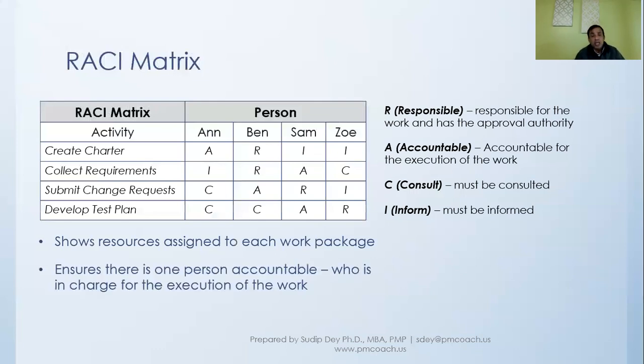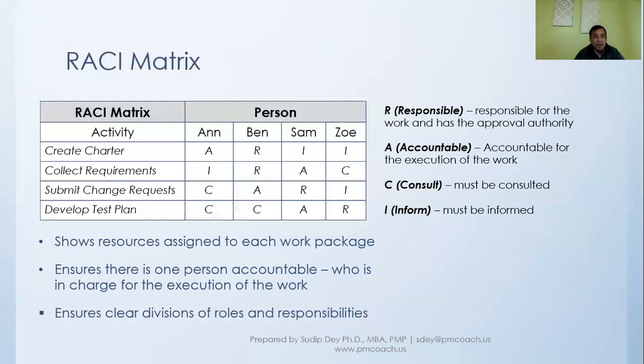Then another important thing, as I've said before, there's only one person accountable, and that's why you see here in the first one only Anne is accountable, in the second one only Sam, in the third one only Ben, and the fourth one only Sam. But for example, if you say consult, multiple people can be consulted, multiple people can be informed, and so on.